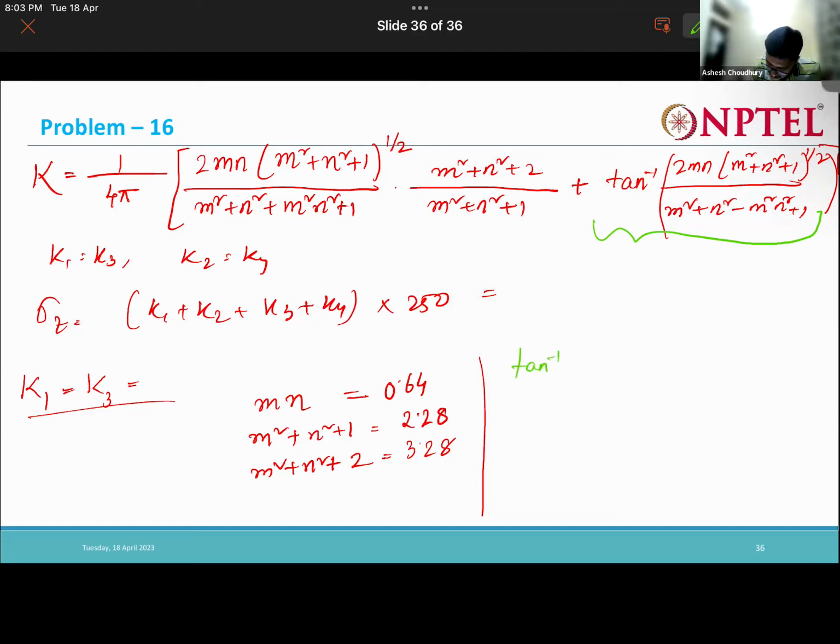So tan inverse of 2 into mn, which you already found as 0.64, into 2.28 to the power 1 by 2, divided by m square plus 1, which you already have, 2.28 minus 0.64 square.